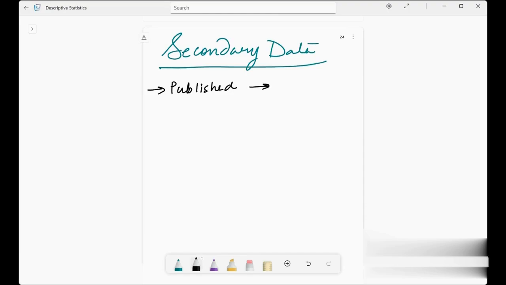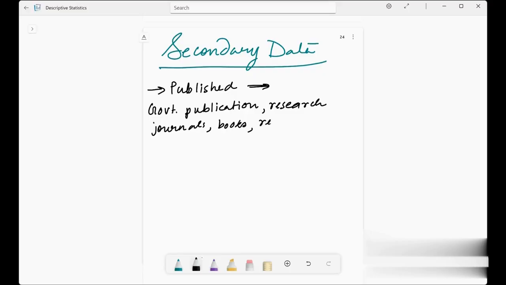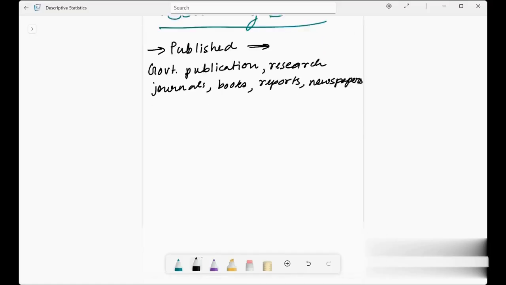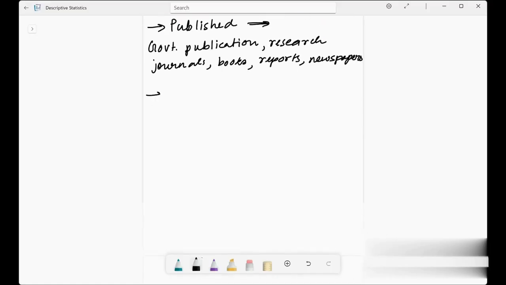The examples will be government publication, research journals, then books, reports, newspapers. These are all the examples which I can think of right now. You can even think of something else, okay?